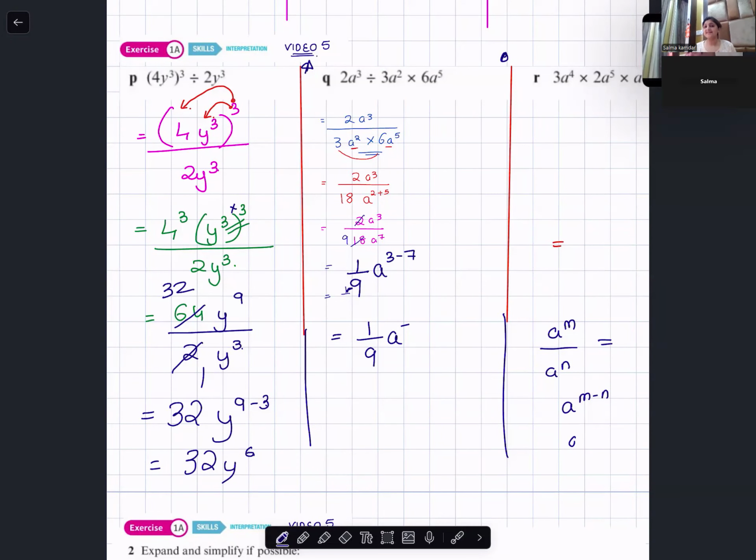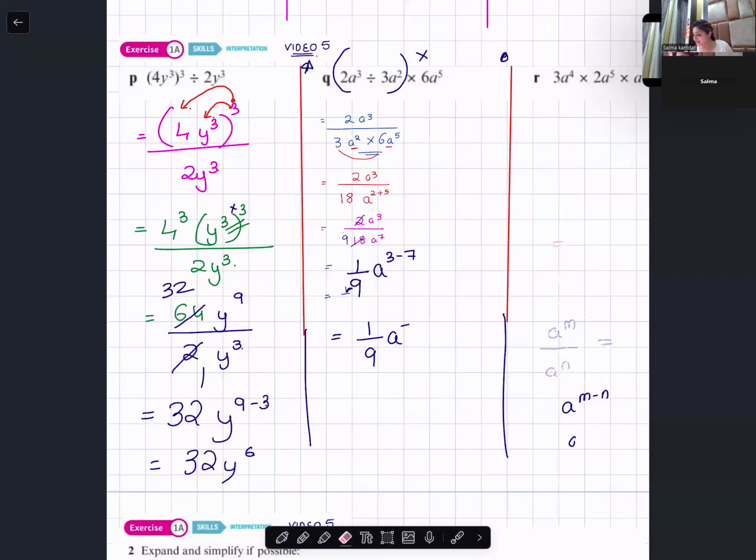Now what I did is a common mistake that every student does. Now what you have to understand over here is that this is one part and then there is multiply by 6a^5. So now I'm going to do this correctly. This is what is wrong that we did, and this is what normally all kids do.